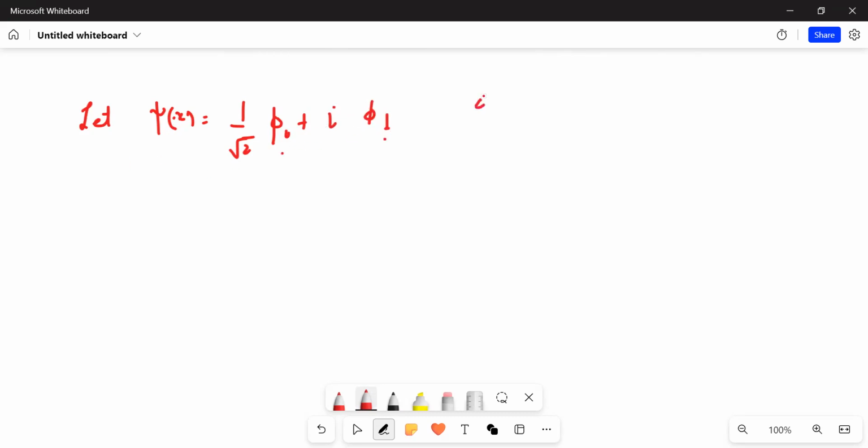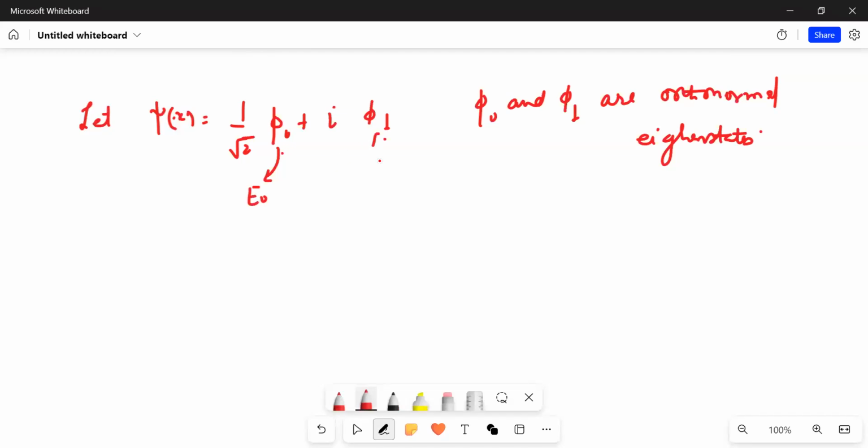Here phi naught and phi 1 are orthonormal eigenstates. Corresponding to phi naught, the energy eigenvalue is E naught, and corresponding to phi 1, the energy eigenvalue is simply E1.